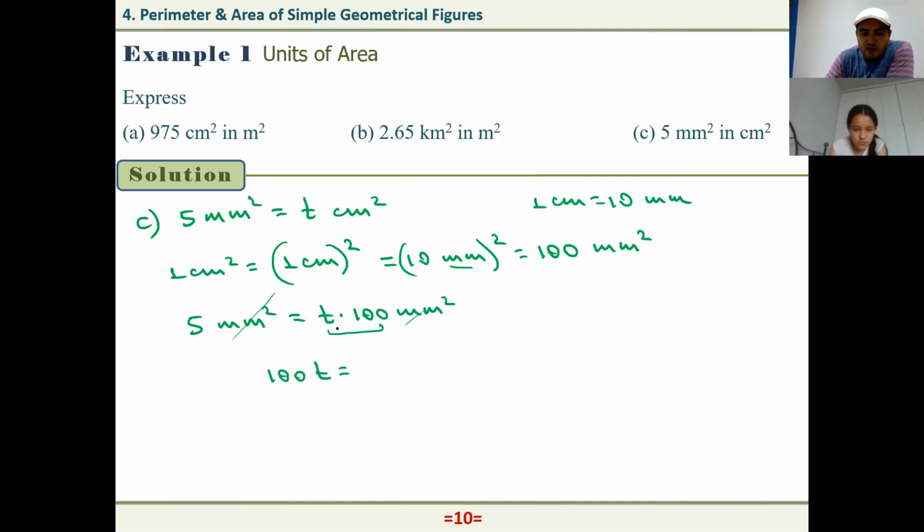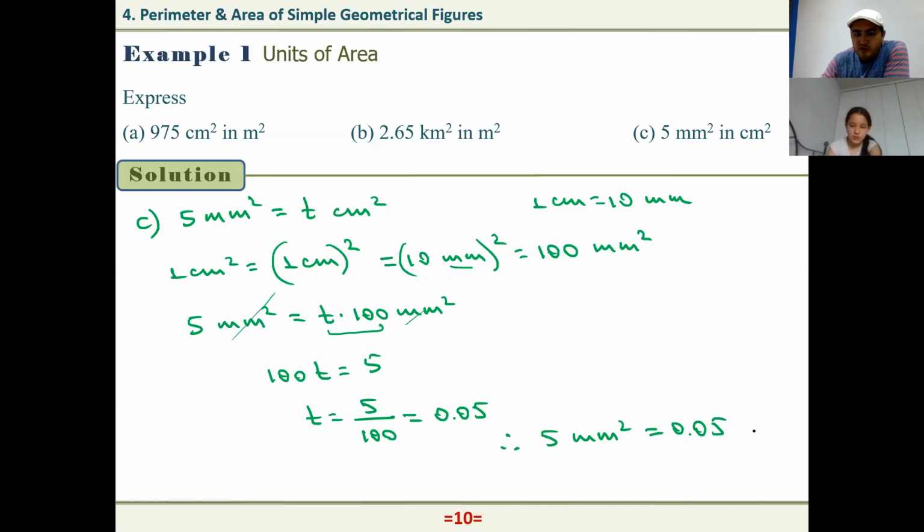In the previous chapter, we learned how to solve this kind of equation. On the left-hand side, we have 5. So what is t? t equals 5 over 100, which is equal to 0.05. So now the answer is 5 square millimeters equals 0.05 centimeters squared.